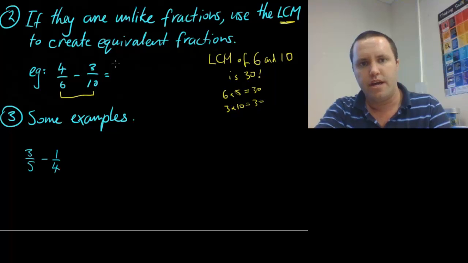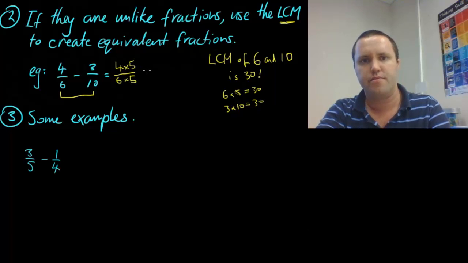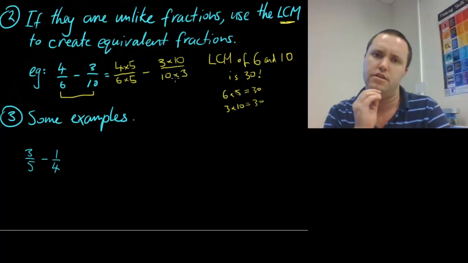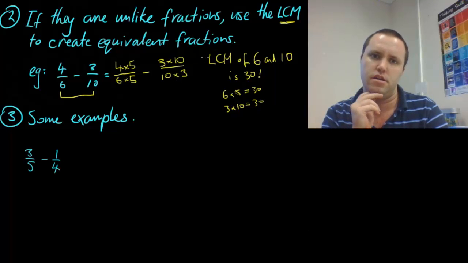So we have 4 times 5 over 6 times 5 minus 3 times 3 over 10 times 3.